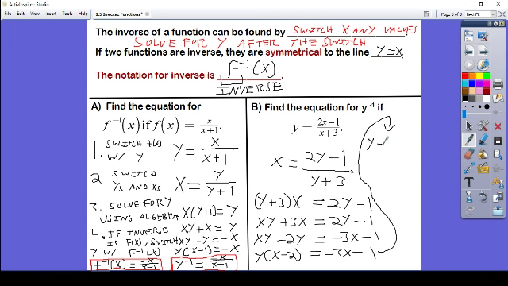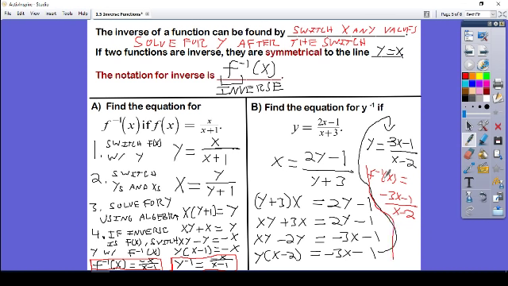So y is equal to negative 3x minus 1 over x minus 2. So the inverse of the function is equal to negative 3x minus 1 over x minus 2.